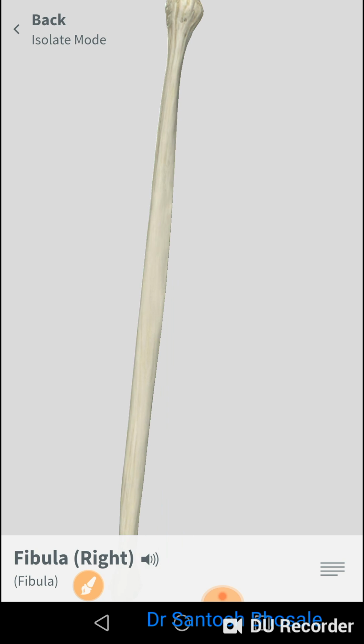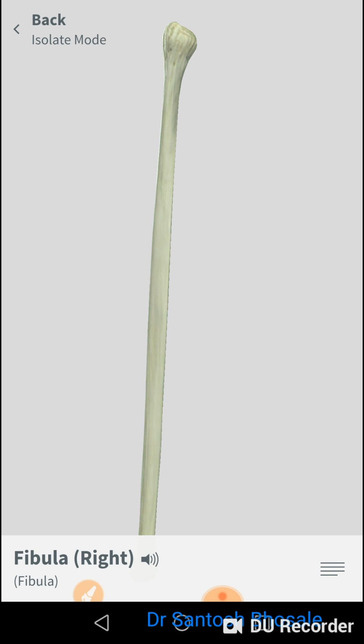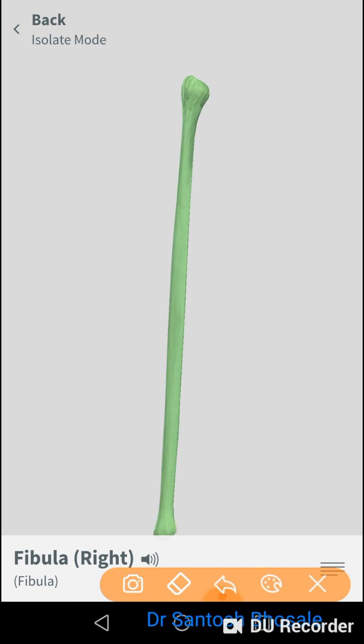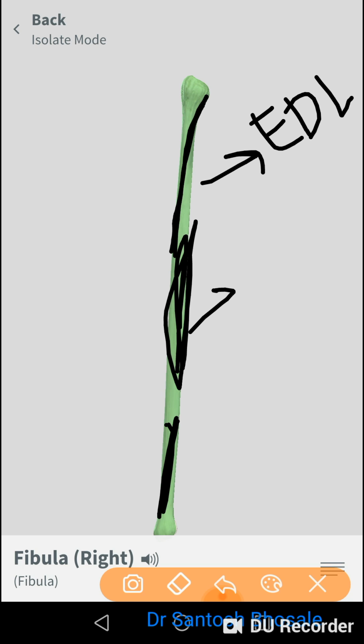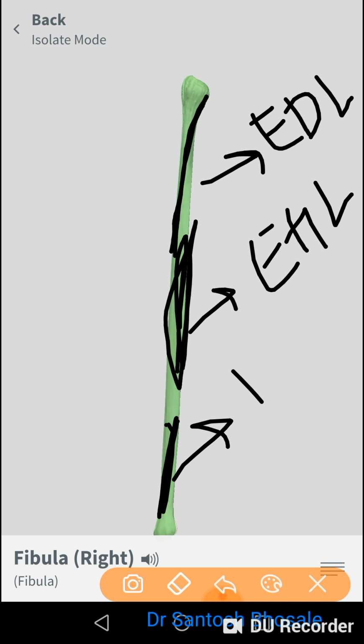Coming to this extensor surface of the shaft, it gives attachment to three muscles. In the upper 3/4 it gives attachment to extensor digitorum longus, in the middle 2/4 to extensor hallucis longus, and in the lower 1/4 to peroneus tertius.